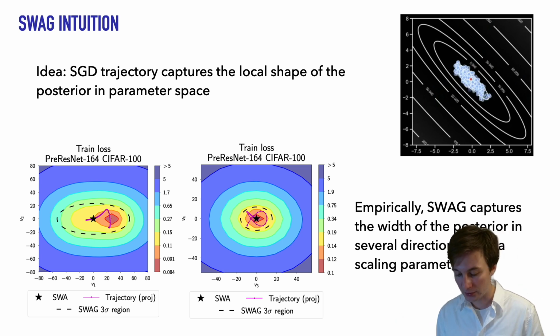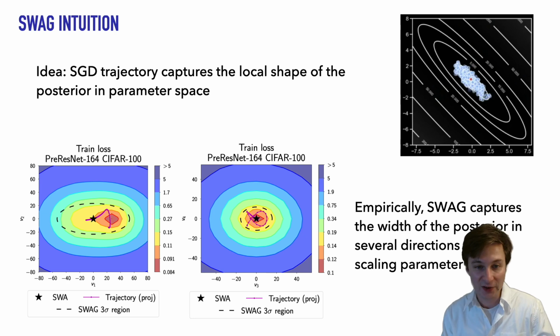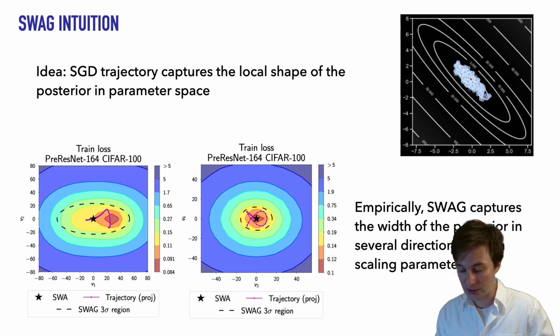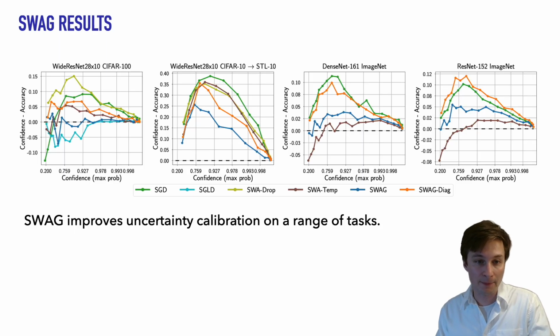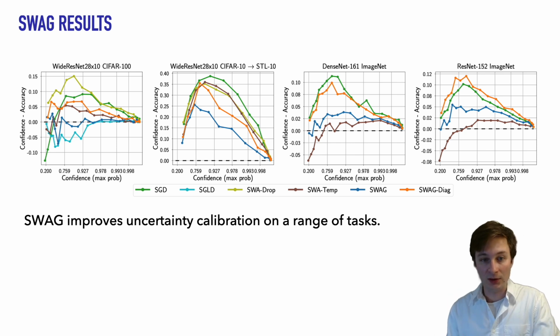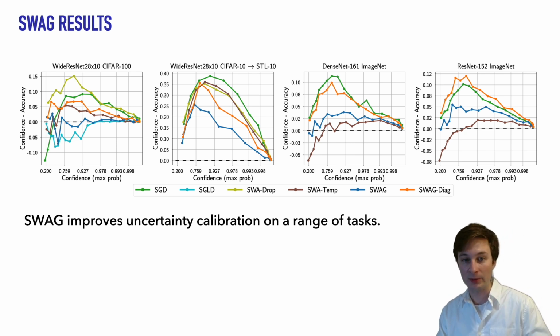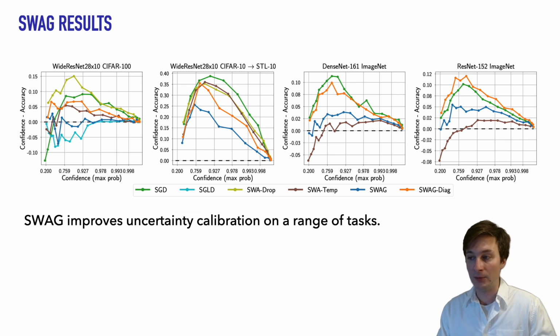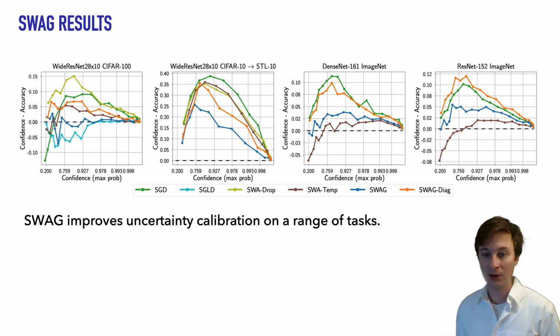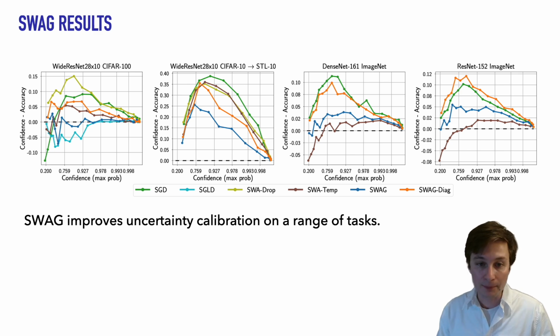So at least along the directions where the SGD has the most variance, locally SWAG provides a reasonable approximation to the posterior. And practically it improves uncertainty calibration on a range of tasks, meaning that the models produce a better representation of how likely they are to be correct.